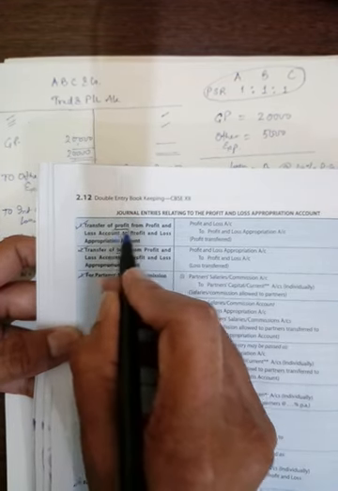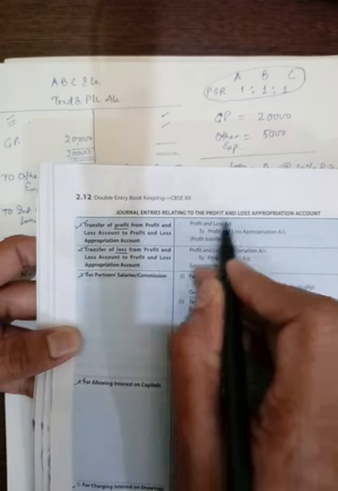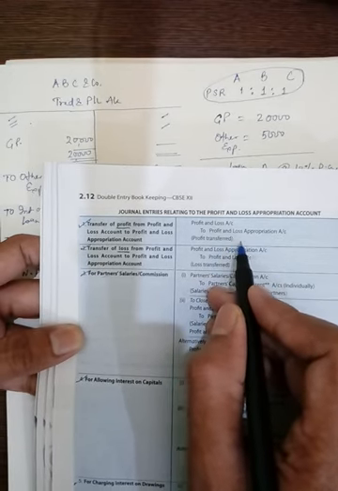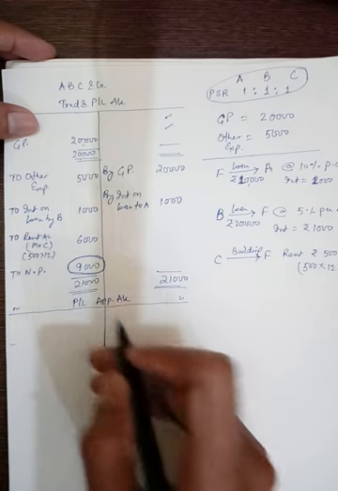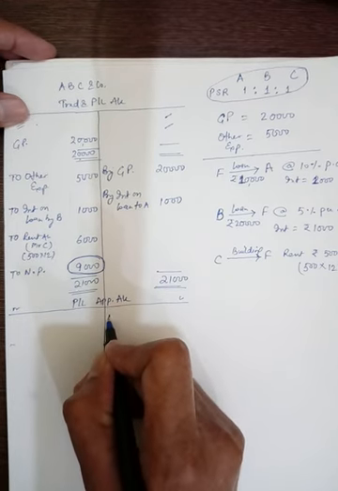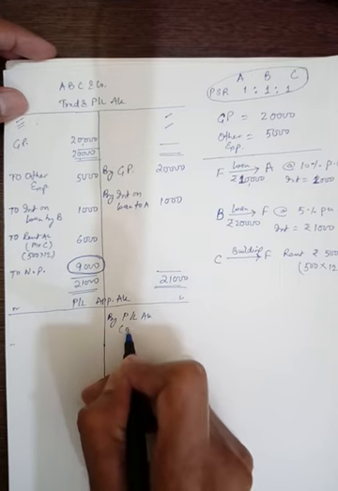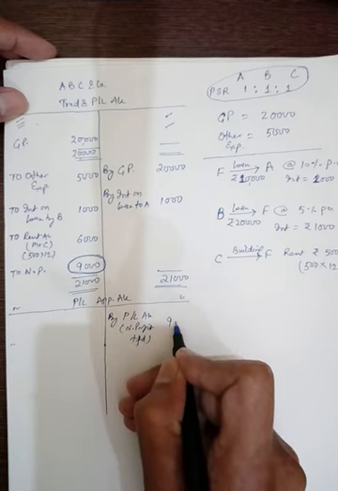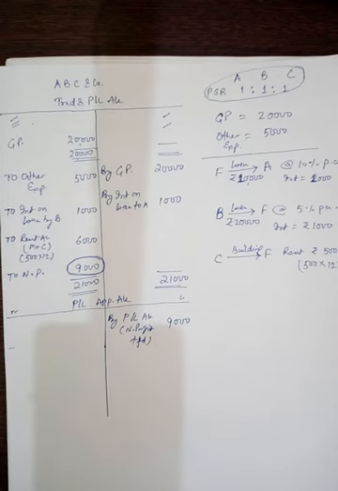In this case, since it is a profit, not loss, we are passing the first entry, that is profit and loss account debit to profit and loss appropriation account. Now pass this journal entry. So this 9,000 will get transferred to profit and loss appropriation account by profit and loss account, net profit transferred. So 9,000 we have transferred to profit and loss appropriation account.